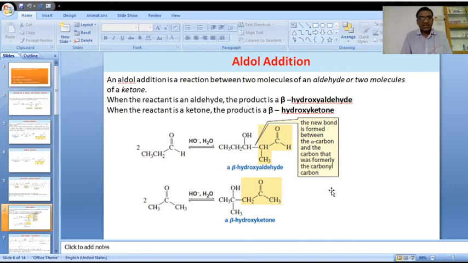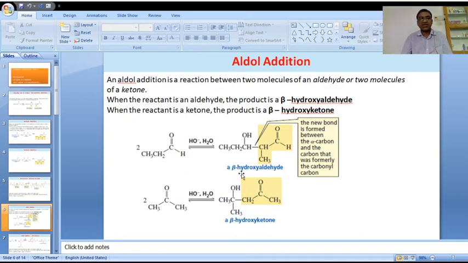When the reactant is an aldehyde, the 2 moles of starting reactant being aldehyde, the product is a beta hydroxyaldehyde.